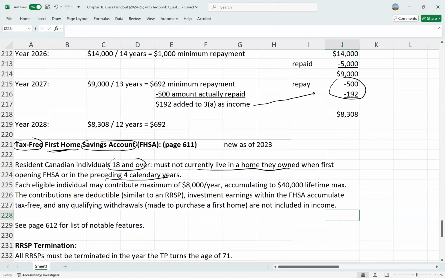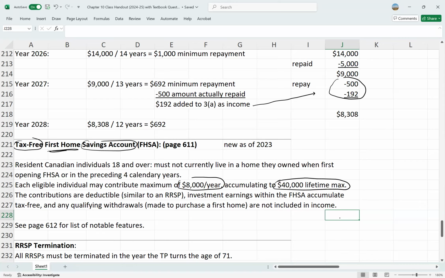So there's this time period where if you had a home and you sold it, for the 4 years after, you can't access the home buyers plan under your RSP, and you can also not set up this tax-free first home savings account. What this tax-free first home savings account is, is that it allows each Canadian 18 or over to contribute 8,000 a year up to a 40,000 lifetime maximum.